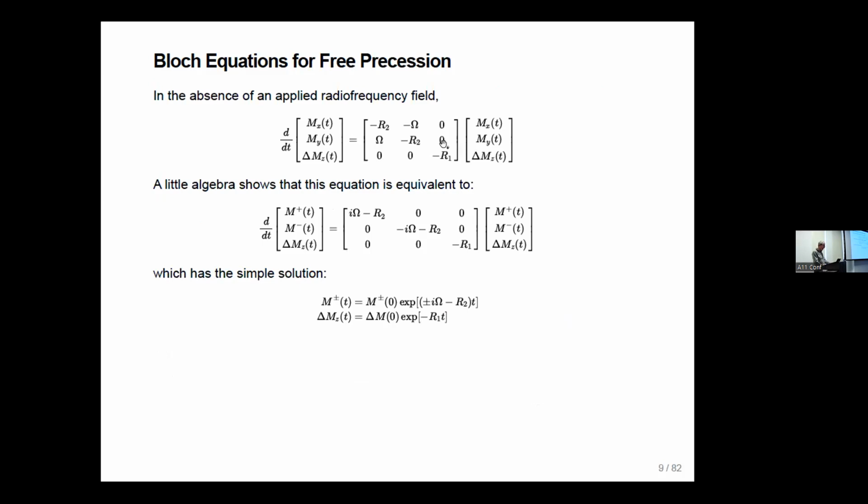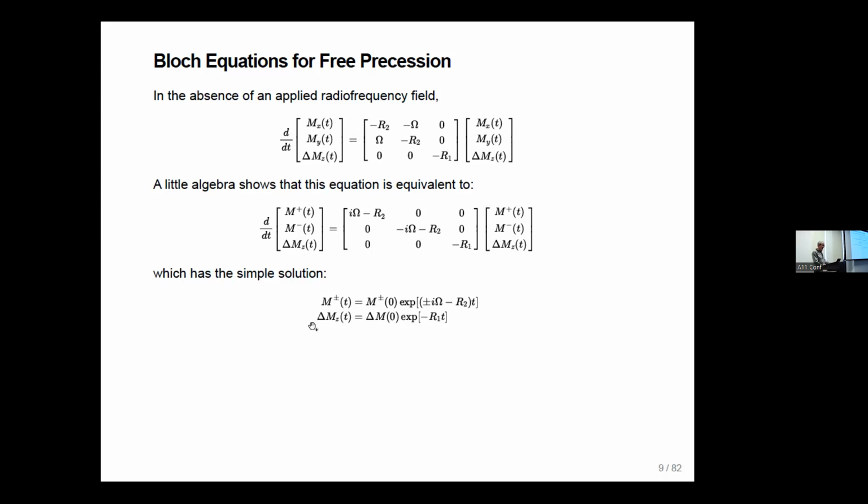And if I don't have a radio frequency field, and for a while I'm going to pretend I'm not turning on an RF field, we have free precession, and then it'll be convenient for me to think in terms of raising and lowering magnetizations rather than Cartesian. And then you can see in this case, the Bloch matrix is diagonal. So the plus or minus coherences just decay exponentially to 0, and Z magnetization decays to Boltzmann equilibrium.